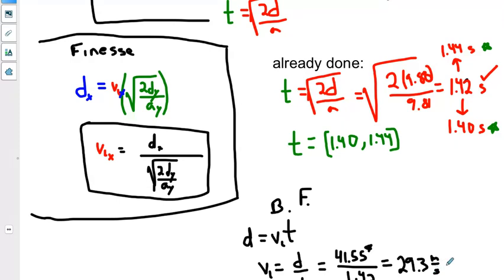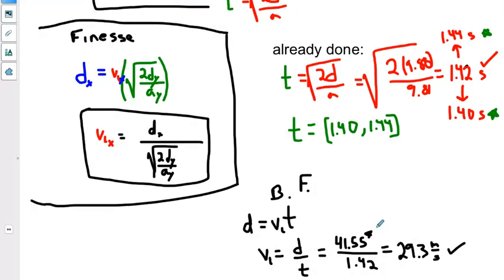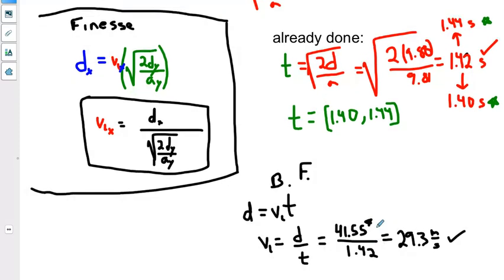Okay, so we already got 29.3, but that was assuming that our dx was exactly 41.55 and that our time was exactly 1.42. So now this is where you have to run that uncertainty. Now, is distance definitely 41.55? Yes or no?